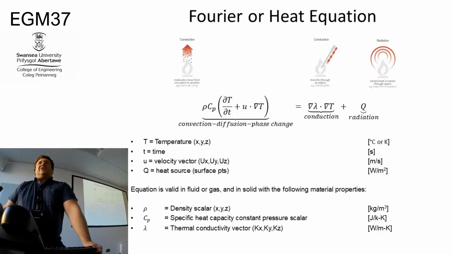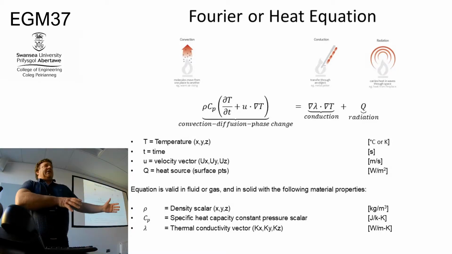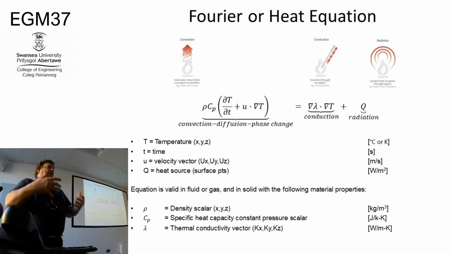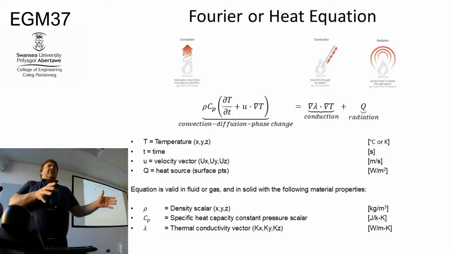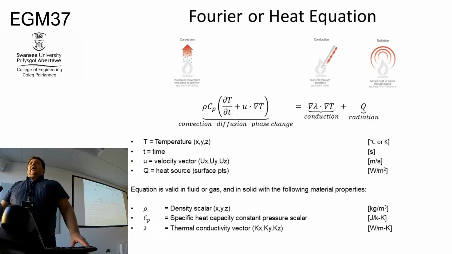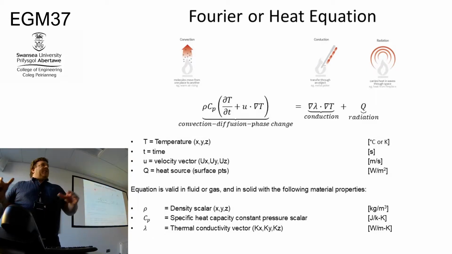This heat equation is valid for both the fluid side and the solid side. On the fluid side, you've got movement of the fluid, defined by the velocity, and that also transports heat. The fluid moving takes heat from one place and puts it in another. In both the solid and the fluid, you've got heat conduction.